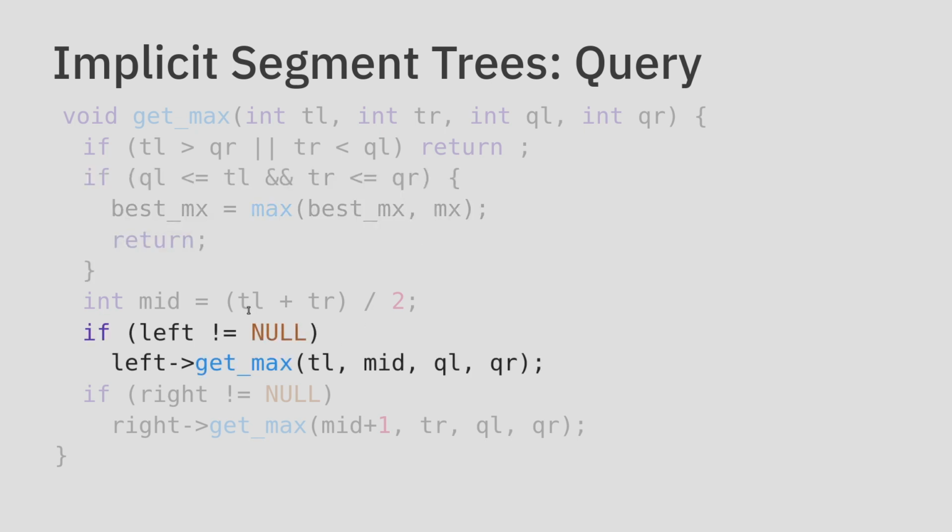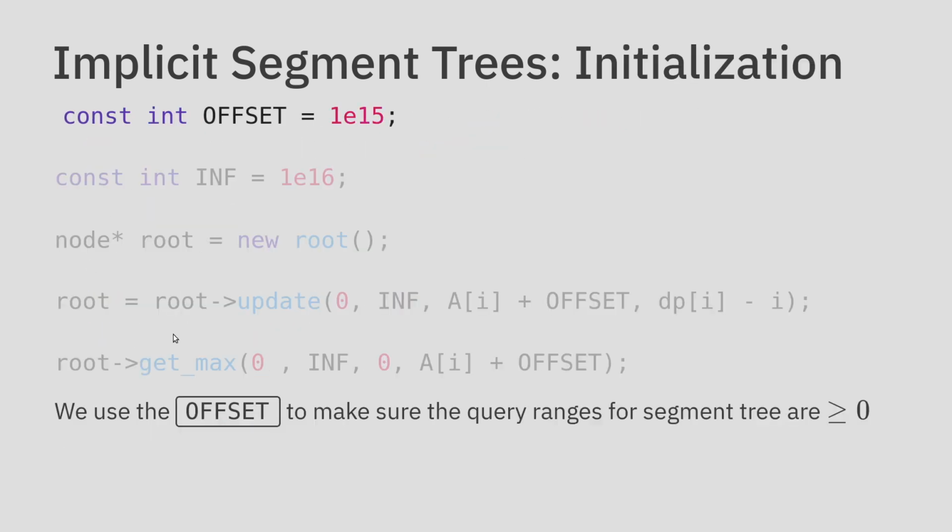Again, the standard part, we divide the range into two parts and get the maximum from the left half and the right half. While querying, we only need to query where the nodes are present, so that is why we check that left is not equal to null, so that we iterate over the nodes that are created, and if they are not created, it means there is nothing in that range. So this is how the query function will work.